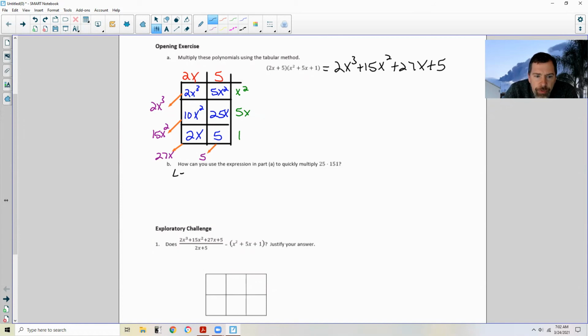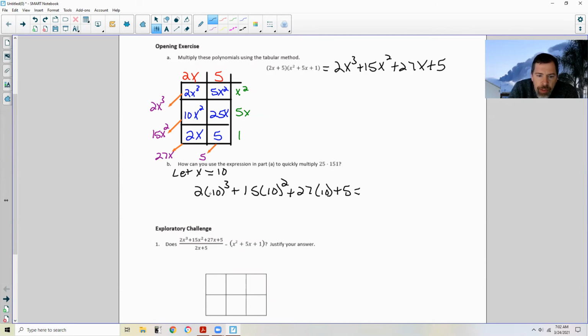So if we let x equal 10, then we put it in here. So we would say 2 times 10 cubed plus 15 times 10 squared plus 27 times 10 plus 5 equals something.